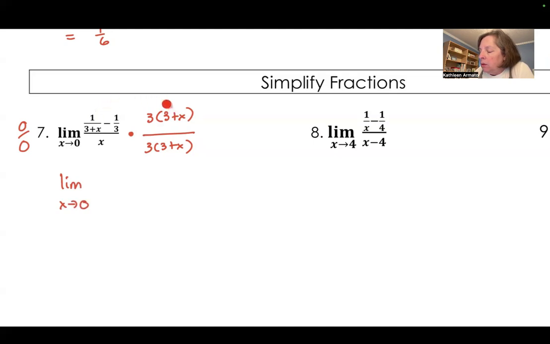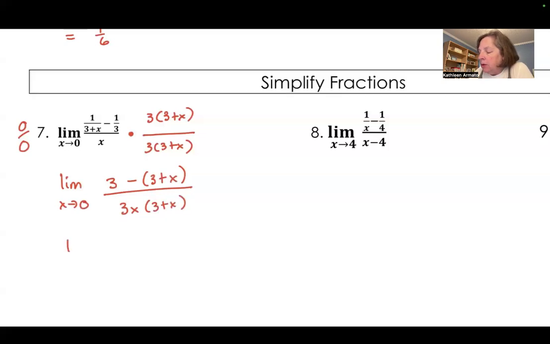So multiplying this term by this, the 3 plus x's will cancel, and I'll be left with just 3. Multiplying this term by this, the 3's cancel, and I'll be left with 3 plus x. Don't forget we're subtracting that quantity. The denominator would leave me with 3x times 3 plus x.